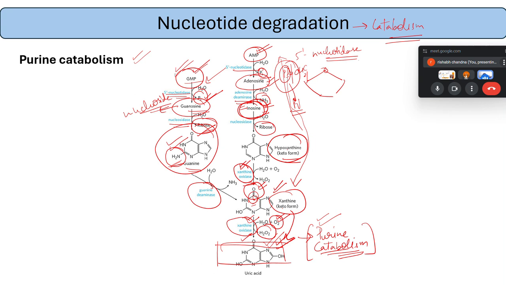Further, this enzyme adenosine deaminase is an important enzyme in the body, and any mutation in the gene encoding this particular enzyme leads to a disease called SCID, that is severe combined immunodeficiency.